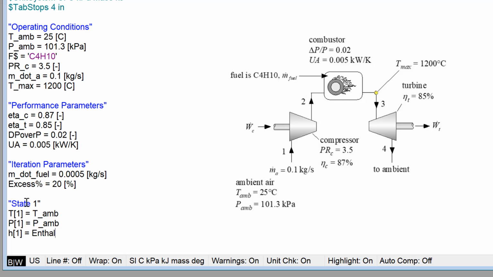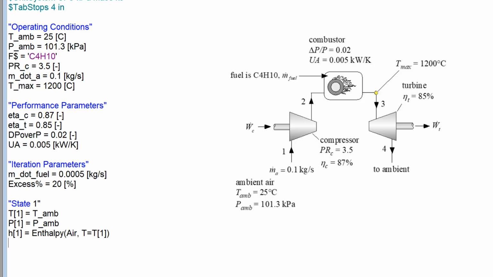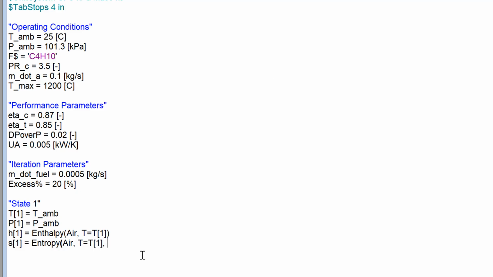This is the enthalpy of air. I'll just put air. At T equals T1, no need for pressure for enthalpy for an ideal gas. And then let's also get the entropy. S1 is equal to entropy of air. T equals T1, P equals P1.